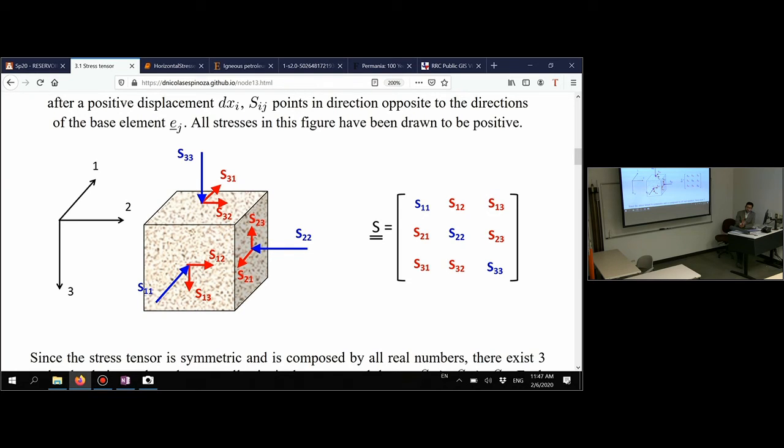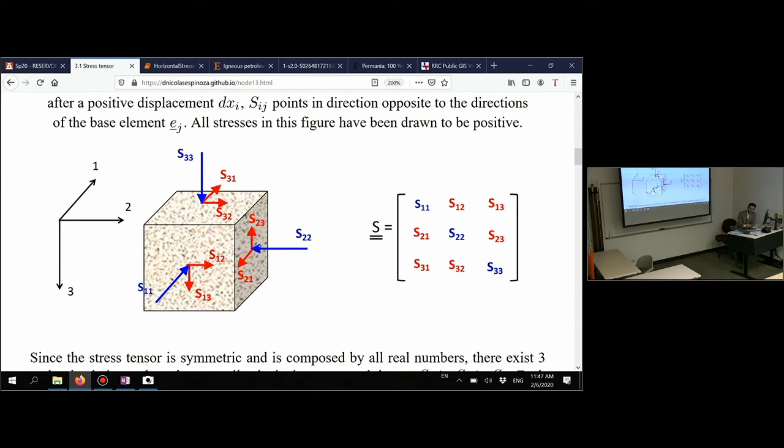Let me say it a little bit differently. If you walk a positive amount from the origin, for example from here to over there, that's going to be a positive displacement, right? Well, if you walk from this face to this other face, that's going to be a positive displacement.